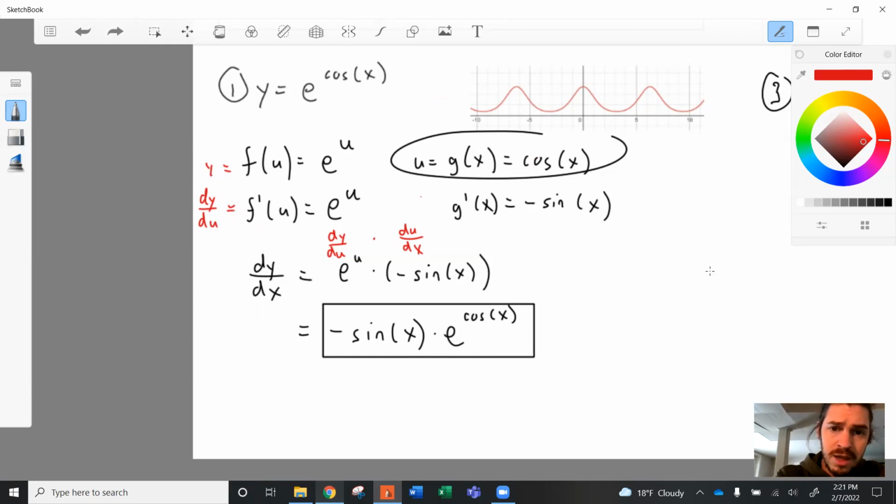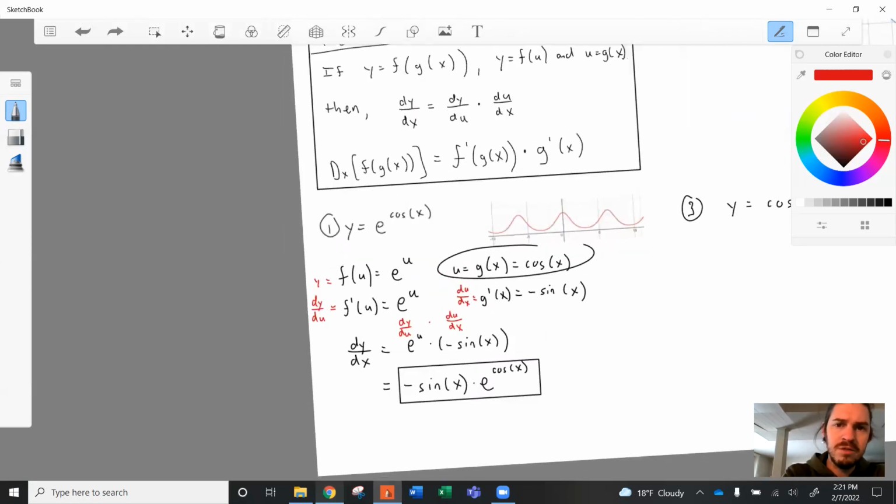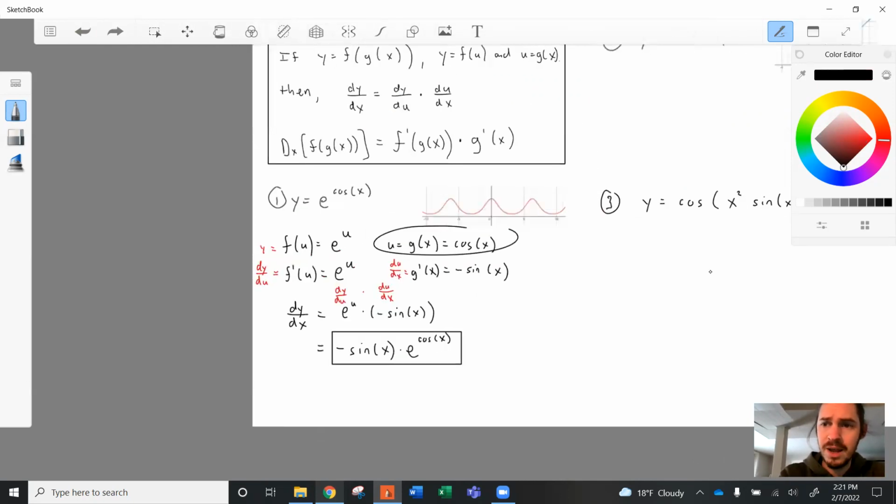And then this is the du over dx, because as stated above, u equals g of x. So the derivative of u with respect to x is g prime. When we're multiplying those two things together, that is dy over du times du over dx. So just wanted to clarify that. I won't point that out every time.